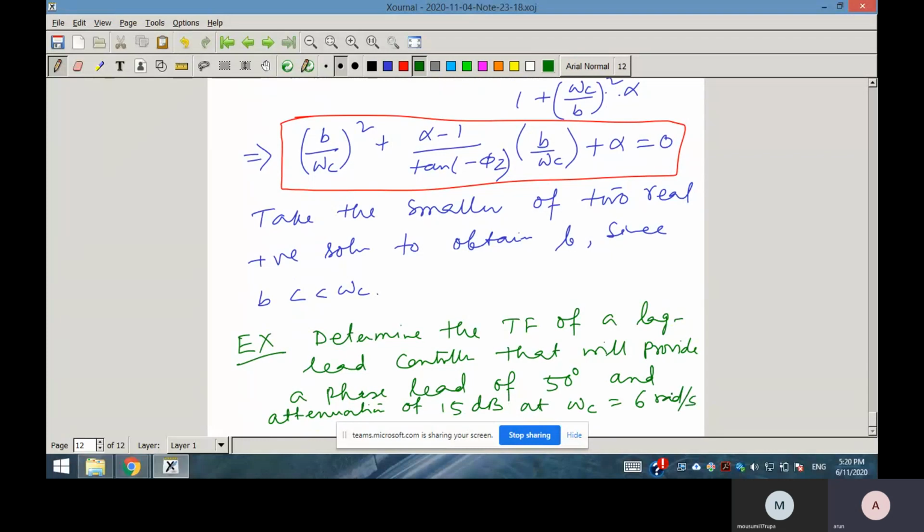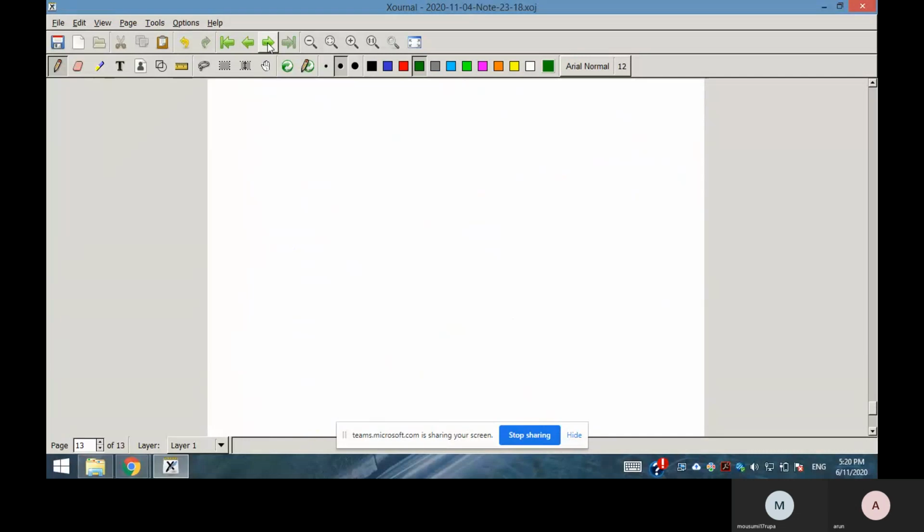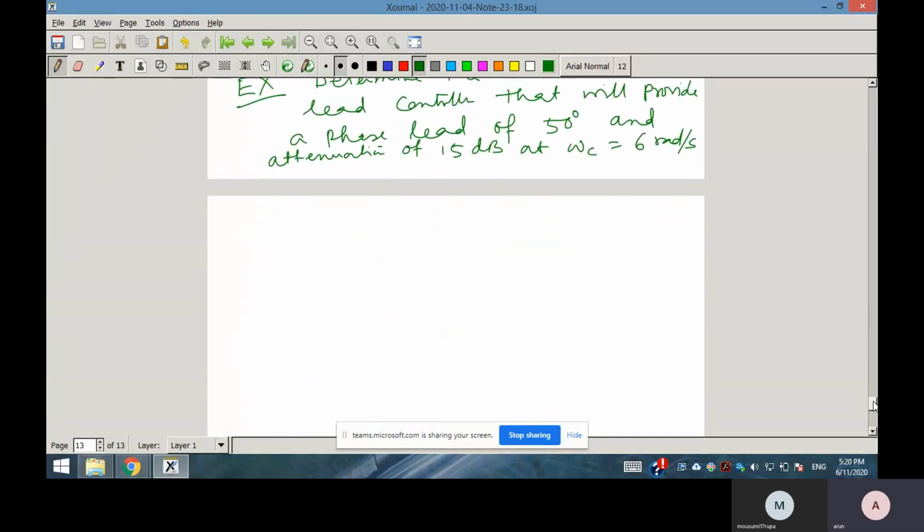So consider phi 2 equal to 2 degrees. So that is given, phi 2 equal to 2 degrees.